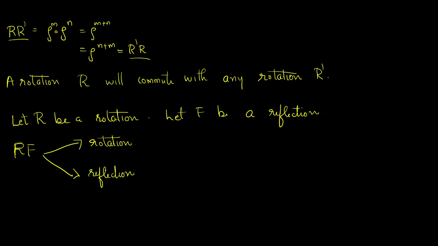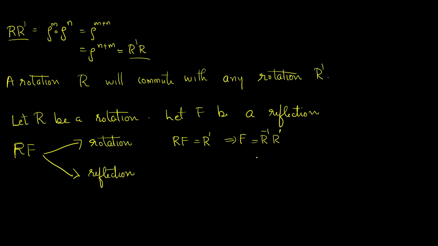Now let's inspect what is happening. Can it be a rotation or not? Suppose RF is a rotation. Then RF will be equal to some R prime. Now I can undo this rotation R, that is, R inverse will exist. So I will multiply by R inverse on both sides. So we will have F equal to R inverse times R prime.